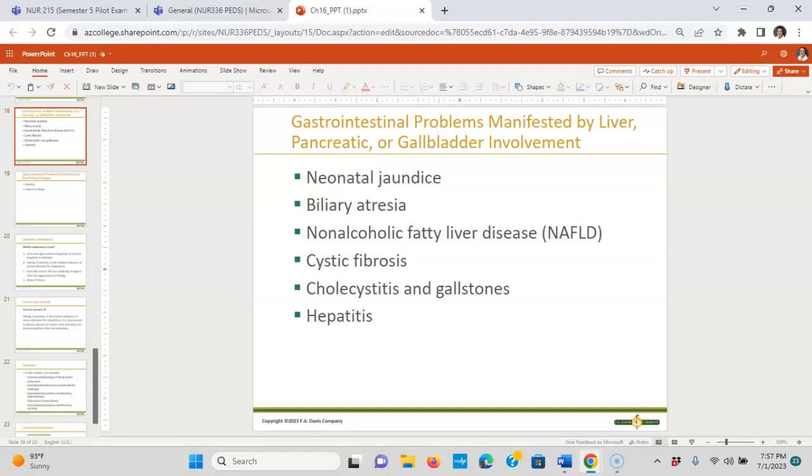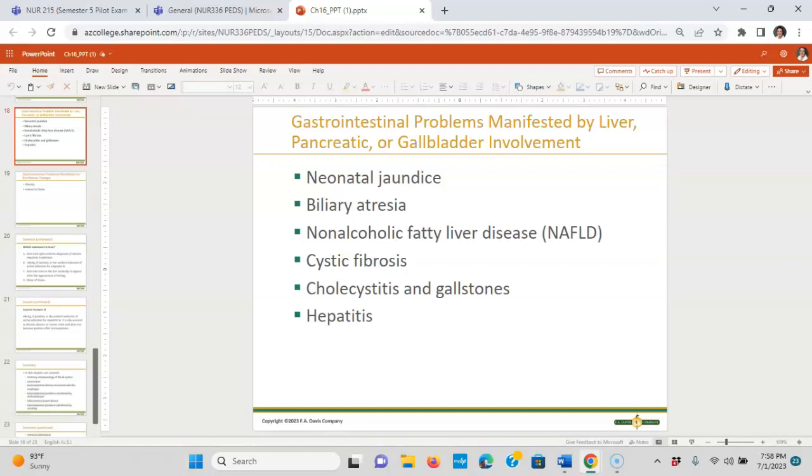Again, answer any caregiver questions. If a liver transplant occurs, that's a whole other topic. And then your non-alcoholic fatty liver disease. You probably know that from med-surg.